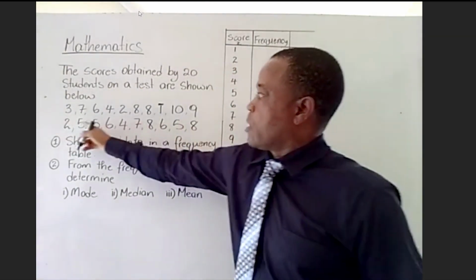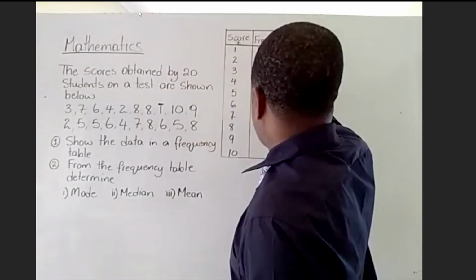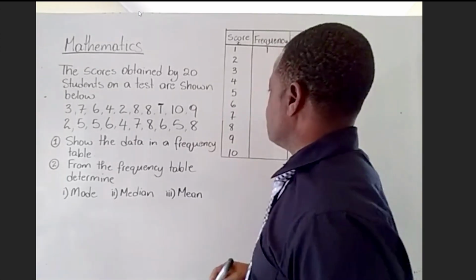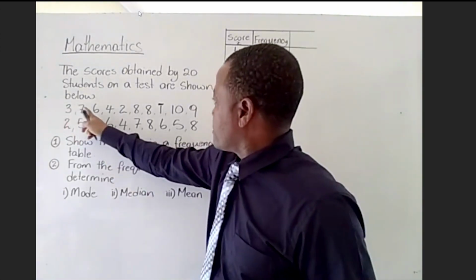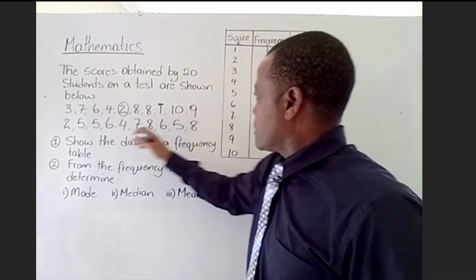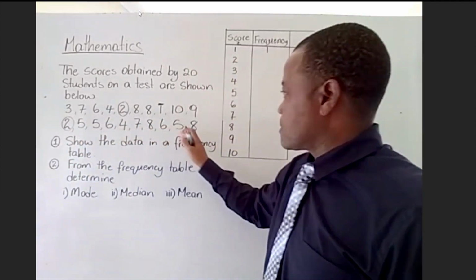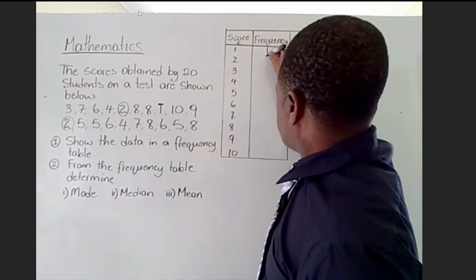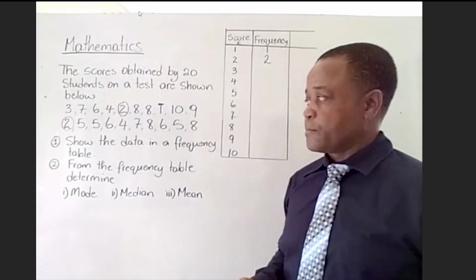I realize that there is no other 1, so 1 appears 1 time. So I go and I put my frequency in. Going to the score of 2. Now I come here and I'm going to circle my 2's. There's another one here. I come across, don't see any more. So 2 appears 2 times.